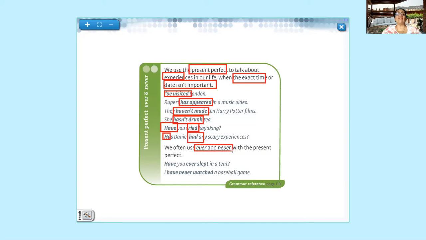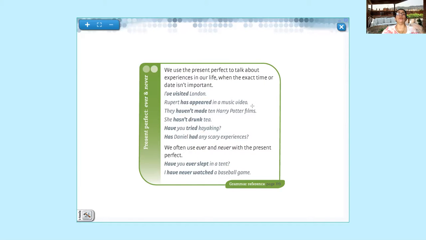Remember that we use ever and never in the present perfect tense. Specifically, ever in the question and never as a negative answer. That is the present perfect tense, okay? When you talk about experiences, and obviously you are talking about something that happened in the past, now in the present, about your experiences.